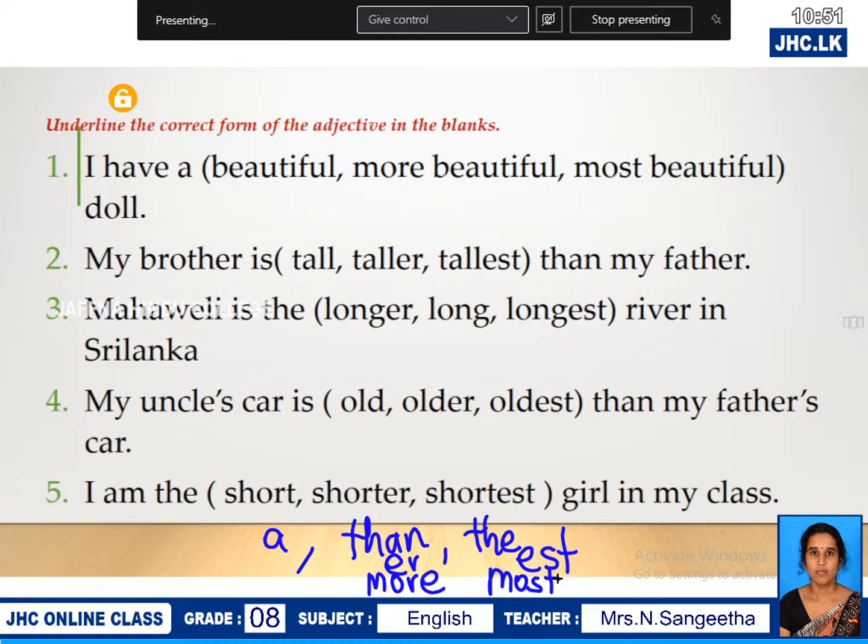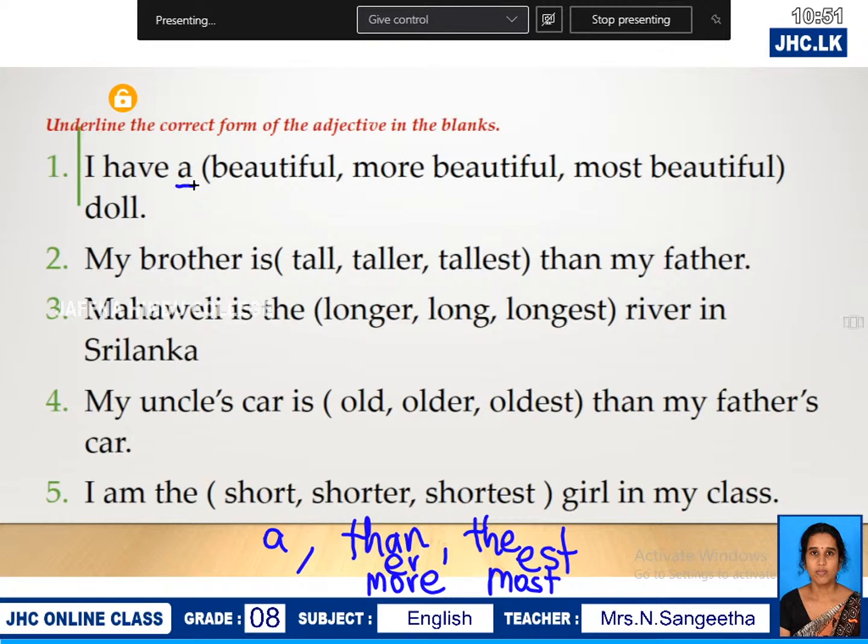I have a dash doll. Here I am talking about one thing. They have given you a, so I have to talk about that thing only. I am not comparing this and that.